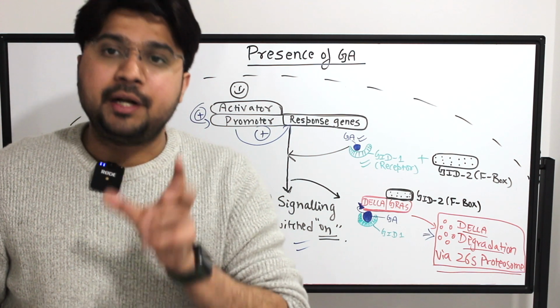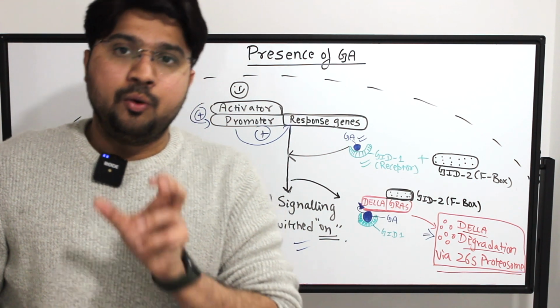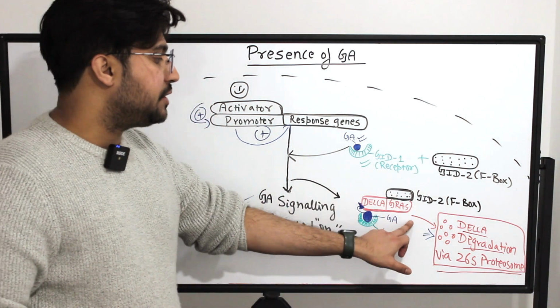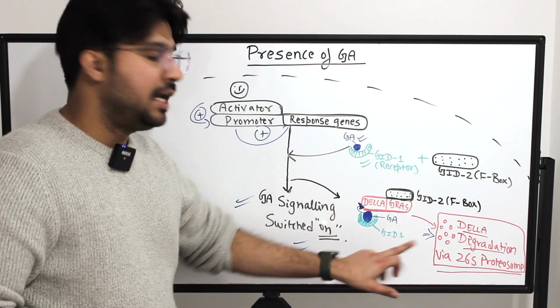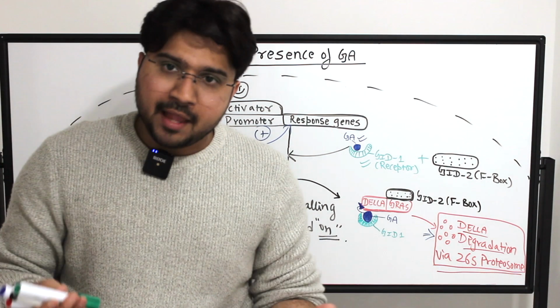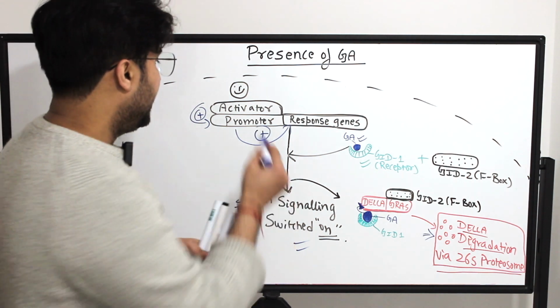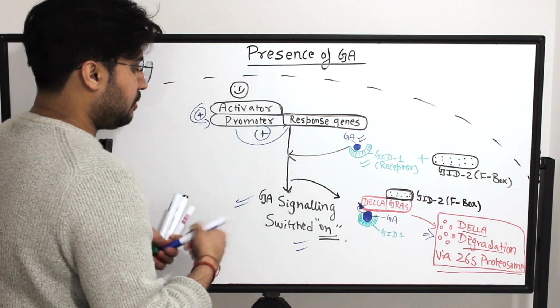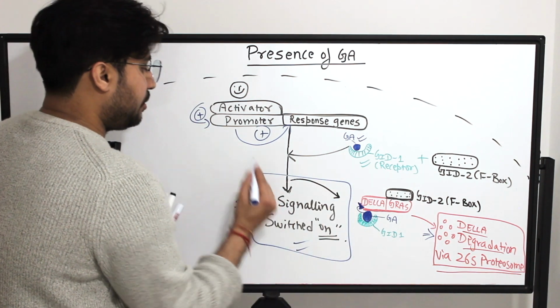The DELLA domain is that region which is utilized for recognition by GA, as a result of which GID2 sits on the GRAS domain and the DELLA repressor is finished. If the repressor is finished, the activator, as you can see, is happy, the promoter is active, response genes are active, and as a result of this, GA signaling is going to happen.